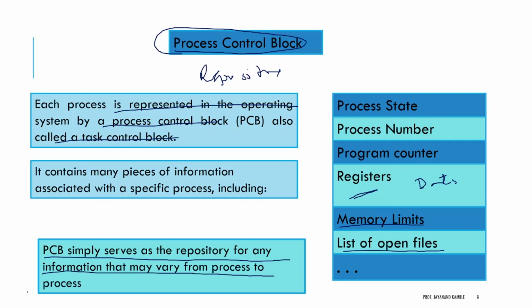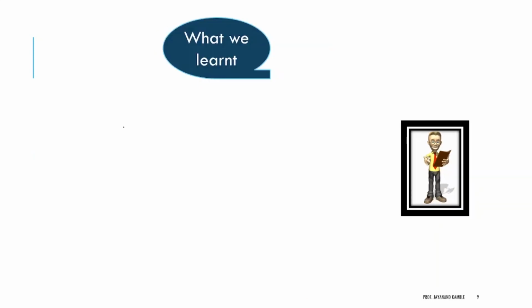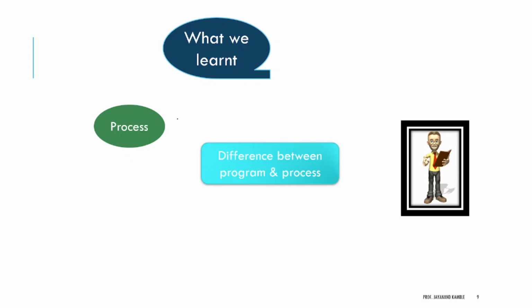So in this tutorial, what we have learned: we talked about a process, which is nothing but a program in execution. When a process executes, it changes states. So we have seen the difference between program and process. So what is a program? What is a process? We have seen the example of baking a cake, where the program is nothing but the recipe, and when we follow that recipe, something happens, some state of the cake changes.